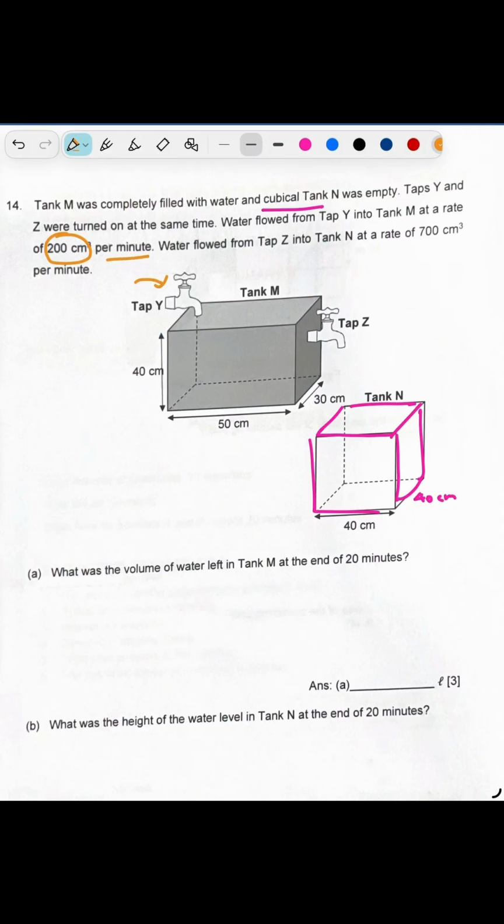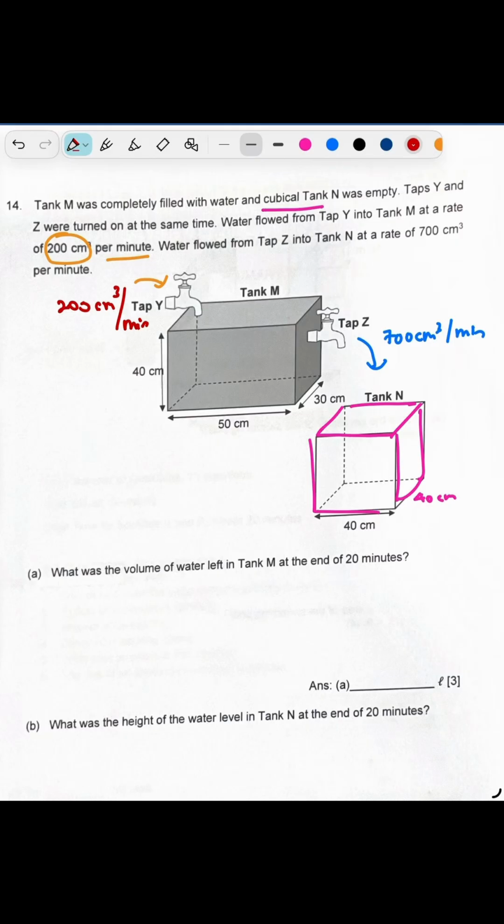Water flows from tap Z to N at 700 cubic centimeter per minute. Okay, let me write down for you. This one flows 200 cubic centimeter per minute.